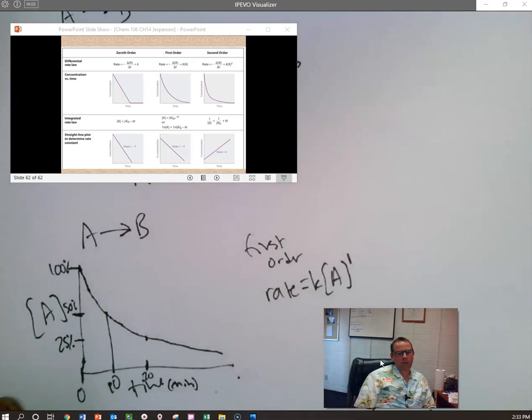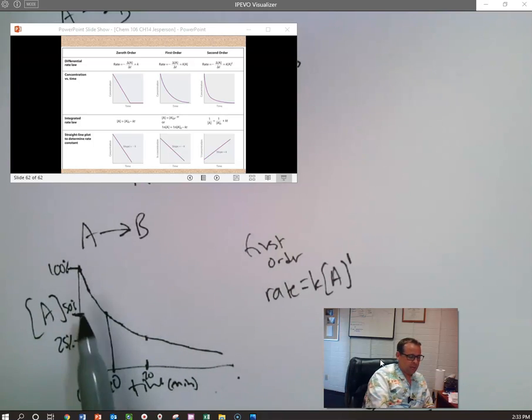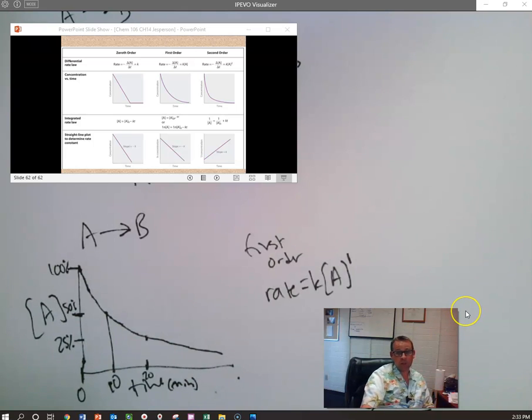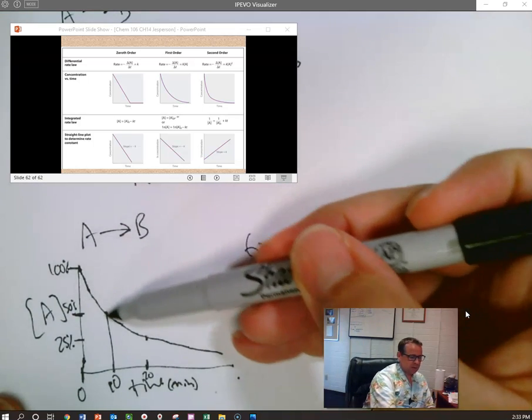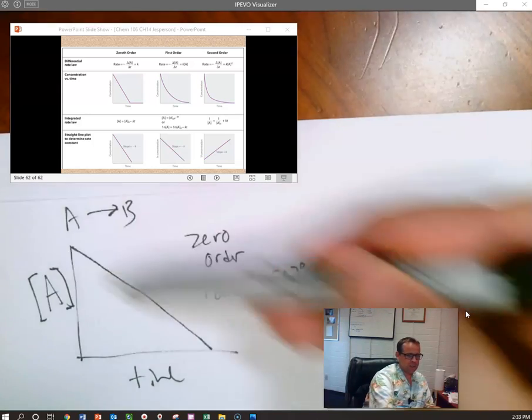That's right. So an interesting thing about first order reactions is they have a fixed half-life. In other words, it's always the same. Regardless of the concentration, the half-life is always the same. Now, this is not a linear relationship like our zero order reaction is.